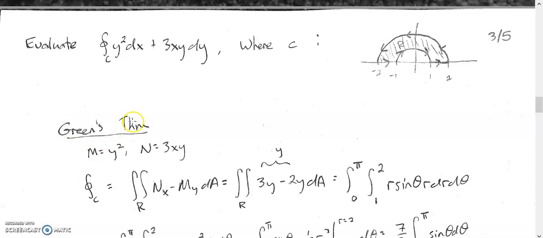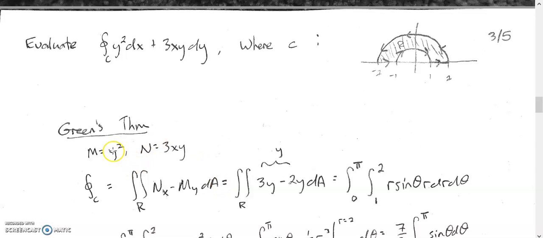Remember, m is the x component, n is the y component. This right here, n sub x minus m sub y, is the curl. So Green's theorem says that this integral is the double integral over this region of the curl of that vector field dA.